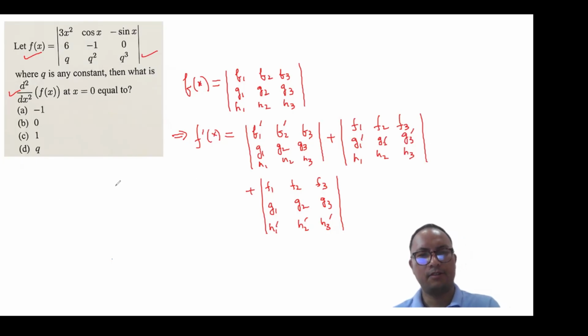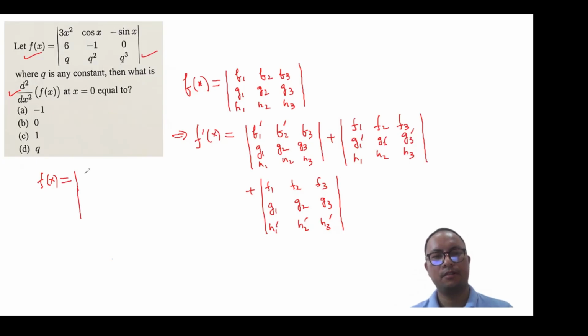The function is nothing but the determinant: 3x², cos x, sin x; 6, minus 1, 0; x², x³, and so on. We have to derive this function.